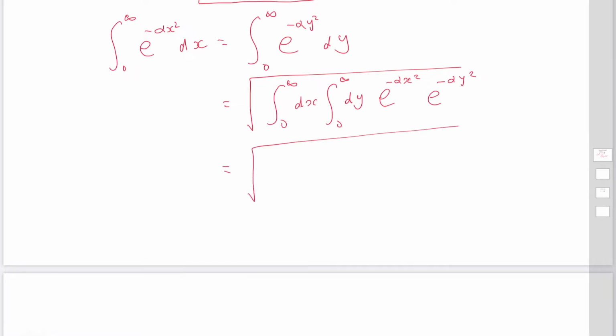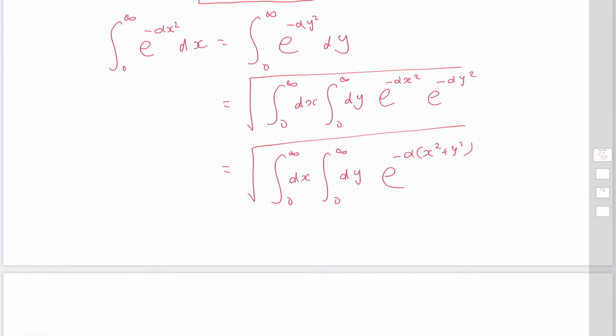This is exactly equal to the integral from 0 to infinity dx, the integral from 0 to infinity dy, exponential minus alpha times x squared plus y squared. We'd like to perform this double integral.